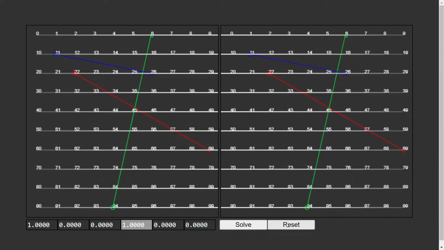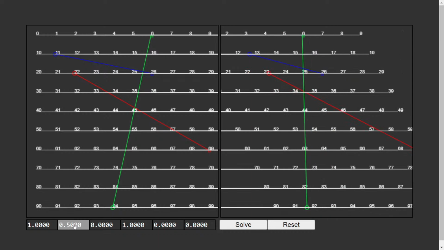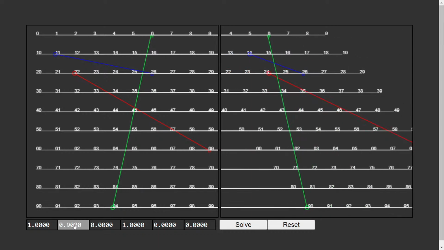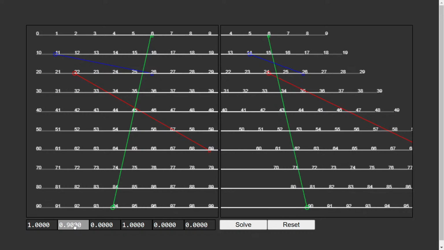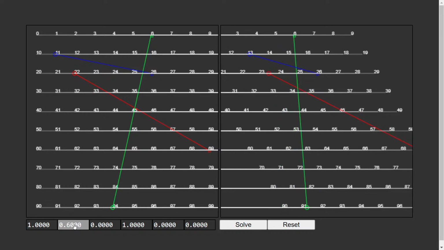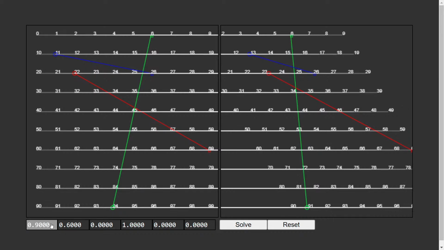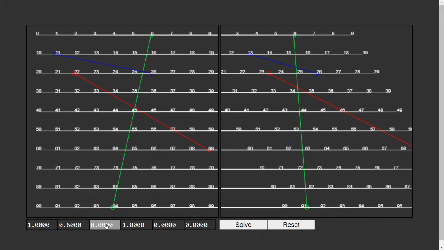Should we shear the blue guy over? Let's shear the blue guy over and then do a horizontal flip. Okay, how do you do a horizontal flip? It's this one. No, it's this one.